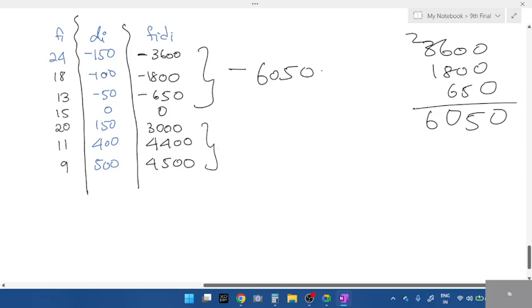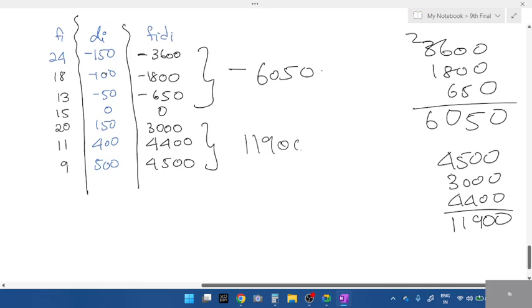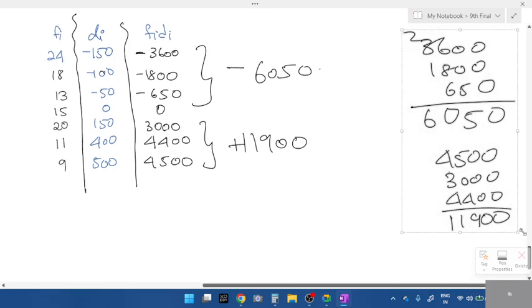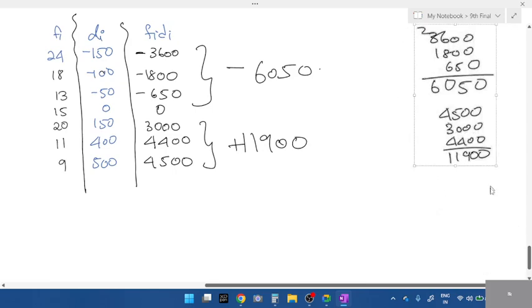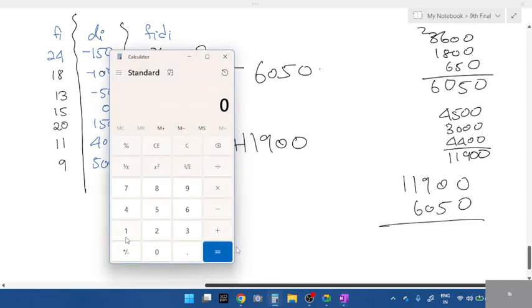Delisha, 4,500 plus 3,000 plus 4,000, 4,400. 9, then 11,900 minus 6,050. What's the value, students? Okay, 11,900 minus 6,050.